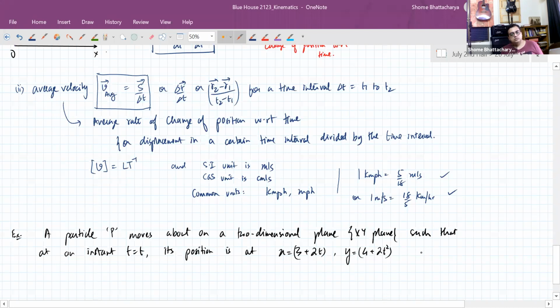Where x and y are in meters and t is in seconds.